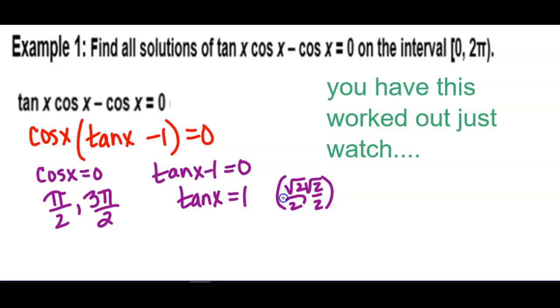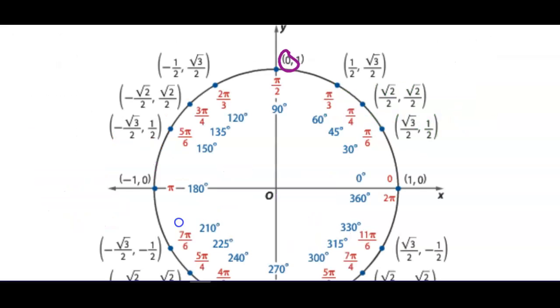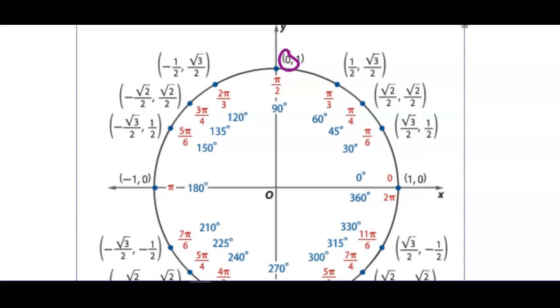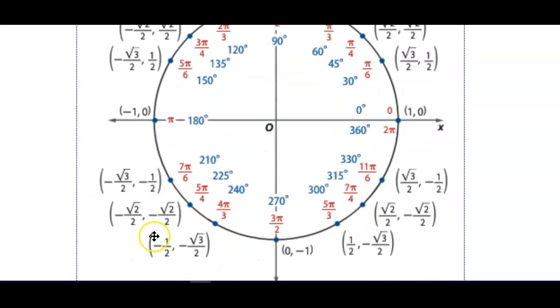We put the y over the x, and when they're the same, you'd get 1. So that happens at pi over 4, up here. And down here in this quadrant, they're both negative, down at 5 pi over 4.